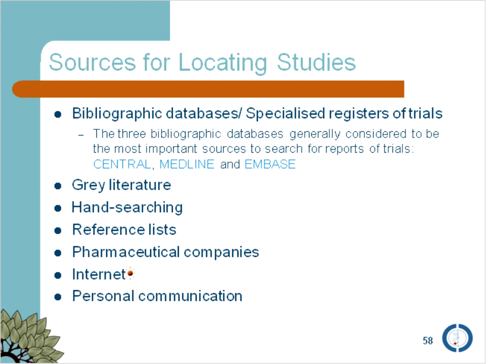You could do internet searches, although there's little empirical evidence to understand the value of general internet searches, but it certainly is an option. And as well, you can do personal communication to experts in the field, maybe contact people for studies or trials that you've included already in your review to see if there's other information out there.